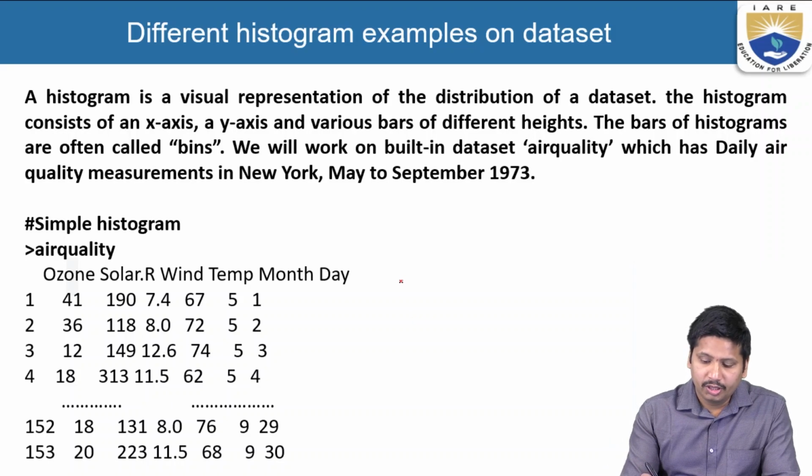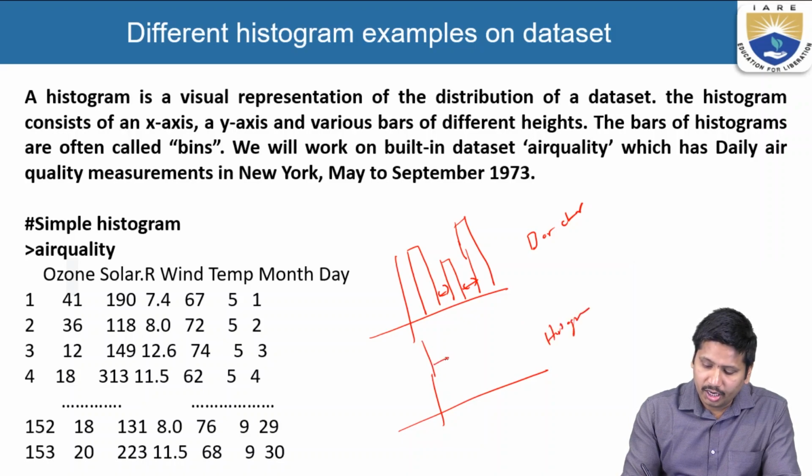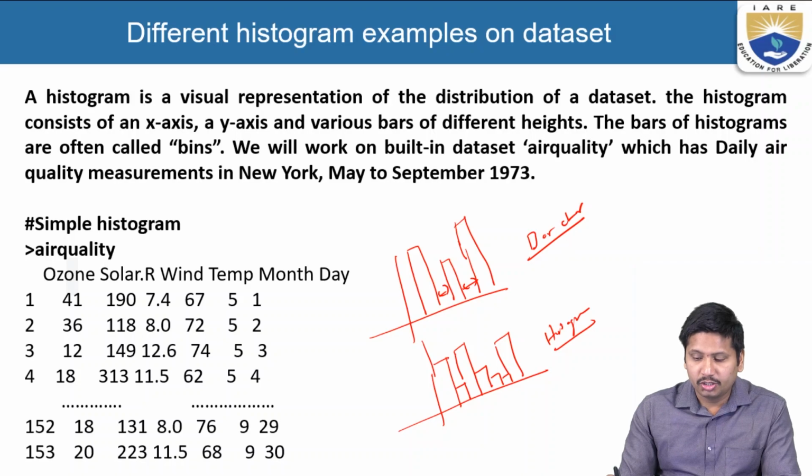The only difference between a bar chart and a histogram is that in a bar chart we create rectangular bars with some space between each and every bar. But a histogram does not maintain any kind of space between these bars, right? So that is the difference between the bar diagram and the histogram.